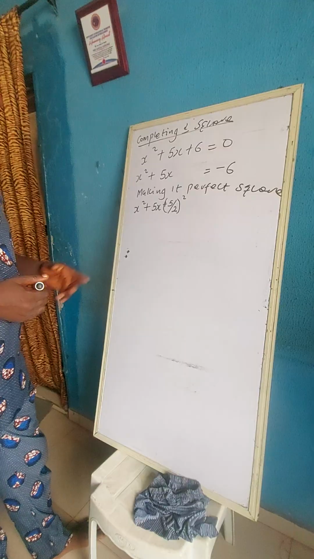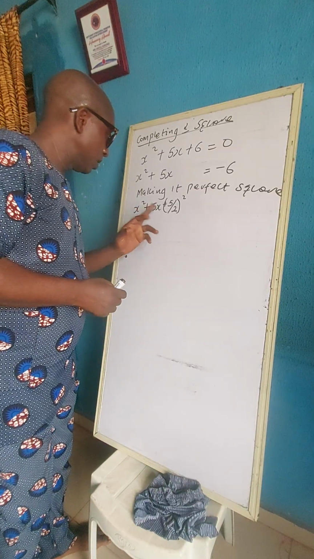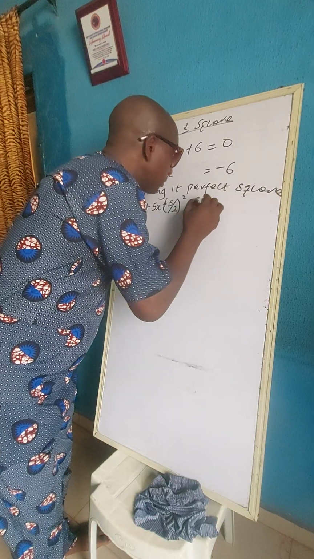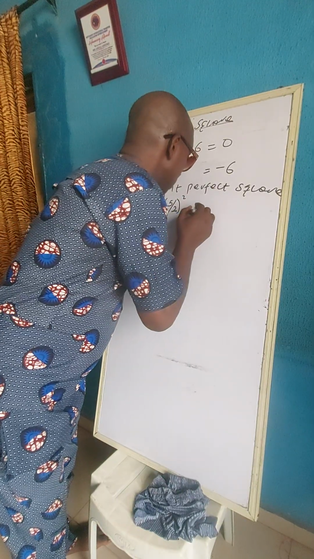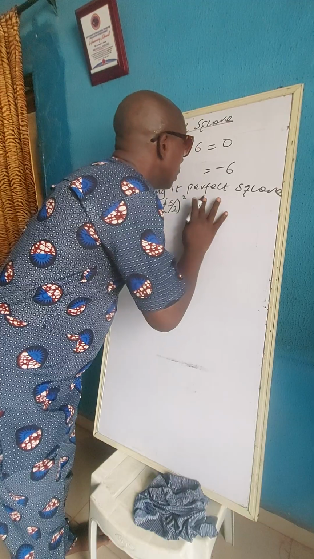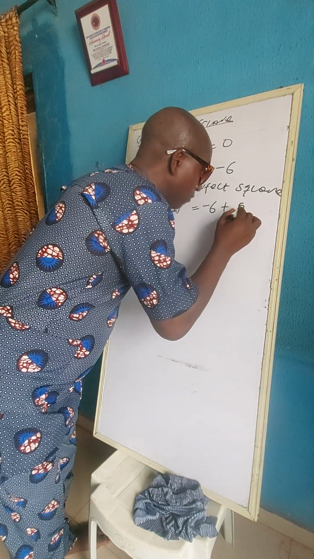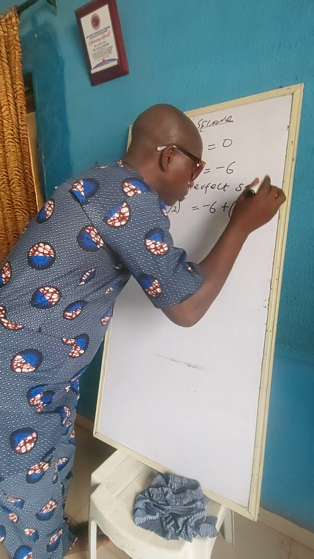You divide this by 2, then you square it. Equal to, you balance it, minus 6 plus 5 over 2 all squared.